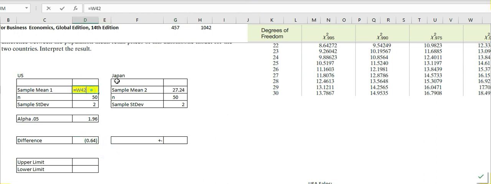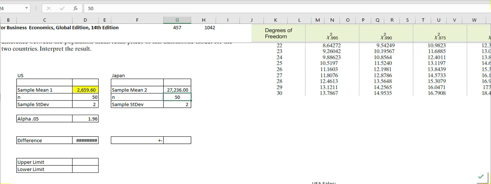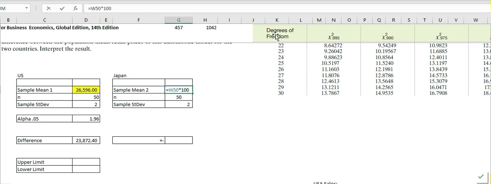We'll have to multiply this by 1000 because this is expressed in thousands.